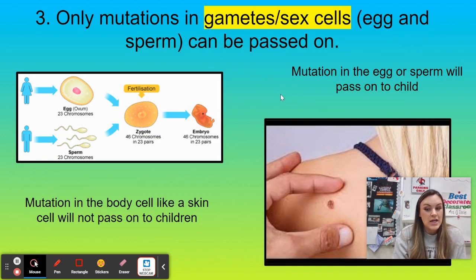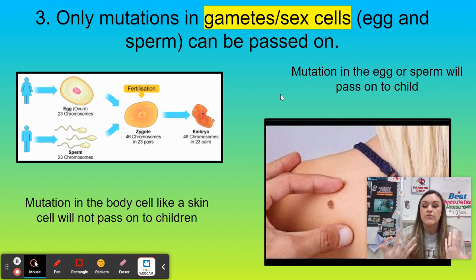The only mutations that can be passed down from parent to offspring, found in either the egg in females or the sperm in males, happen in the gametes. So gametes are sex cells. This is the true term for an egg or a sperm. These are the only mutations that can be passed on to offspring.